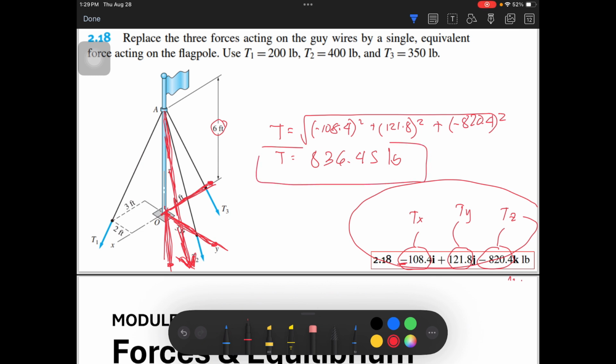Kung gustong ipakuha yung angle ng resultant natin from the y-axis, from the z-axis, and from the x-axis, ganyan.